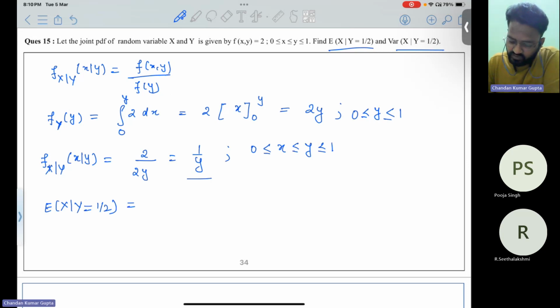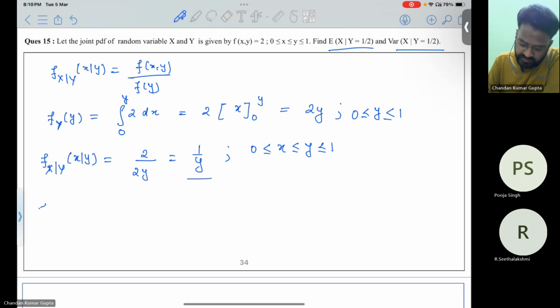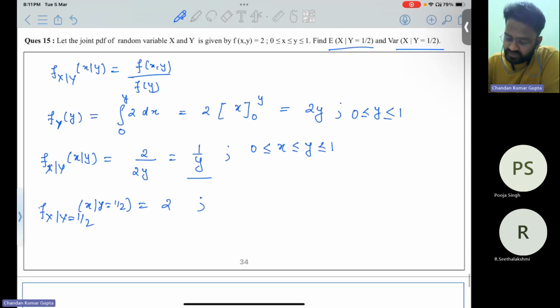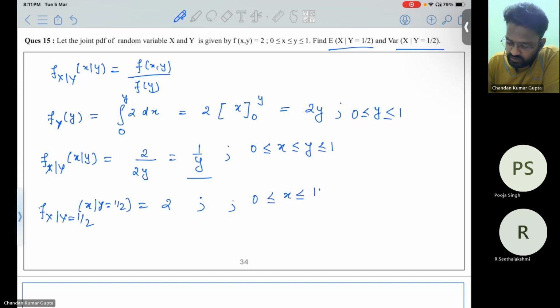At y equal to 1 by 2, the density is 2, for x from 0 to 1 by 2.